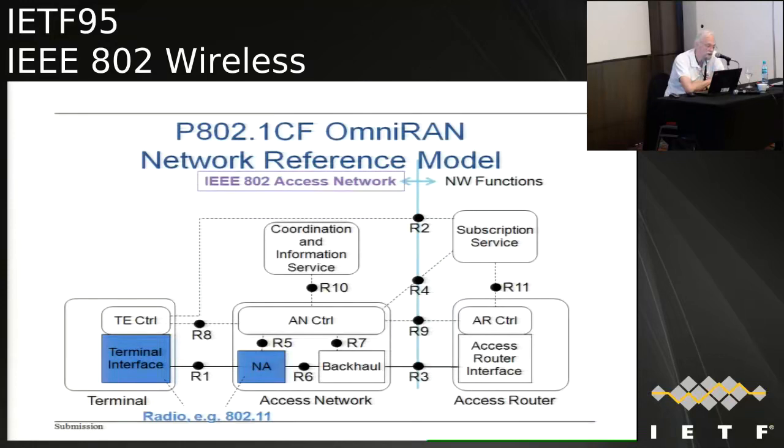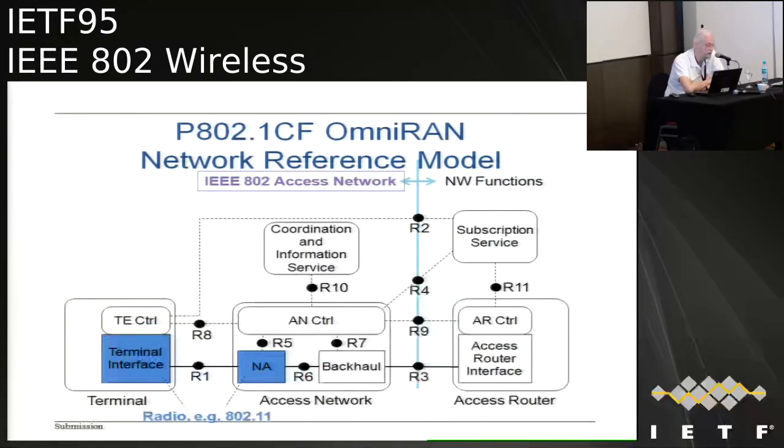So when the group was formed, the idea was that people don't really want to write applications running on the internet that have to care a lot about whether it's .11 or .15 or .16, and which .16 is WiMAX. So the thought was to provide essentially an upper layer interface.